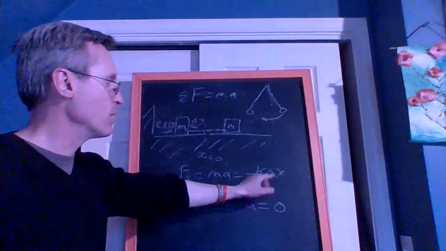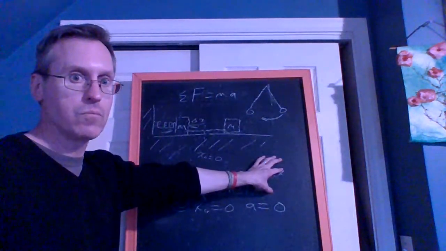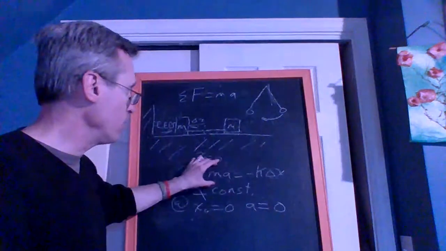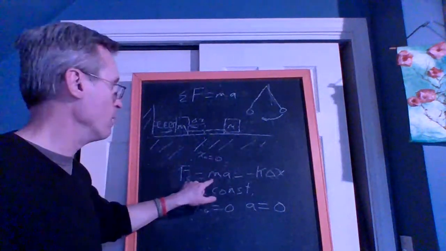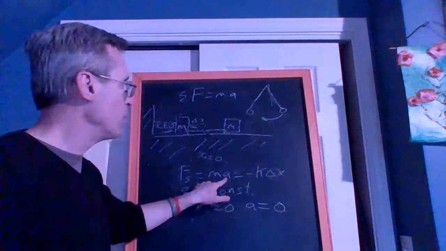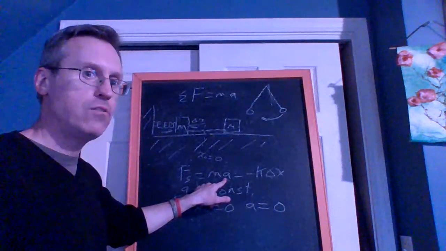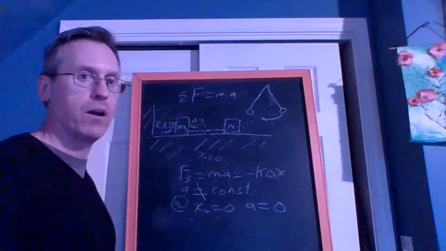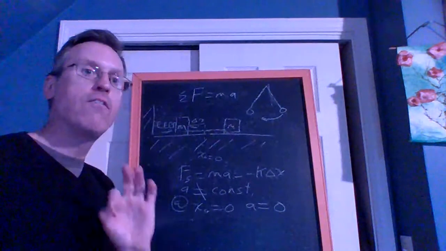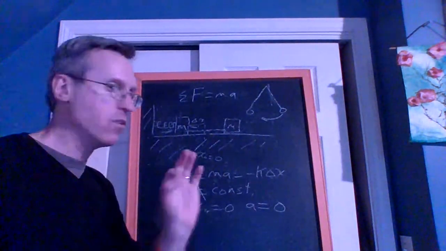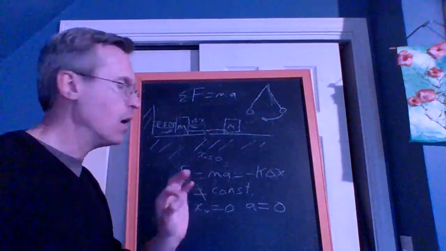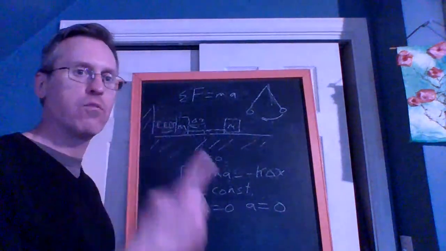If x is 0, that makes this side of the equation 0, so this side has to equal 0. Well, m isn't going to equal 0, but a will. So the acceleration at the equilibrium point is 0 for just an instant. Make note of what I said.